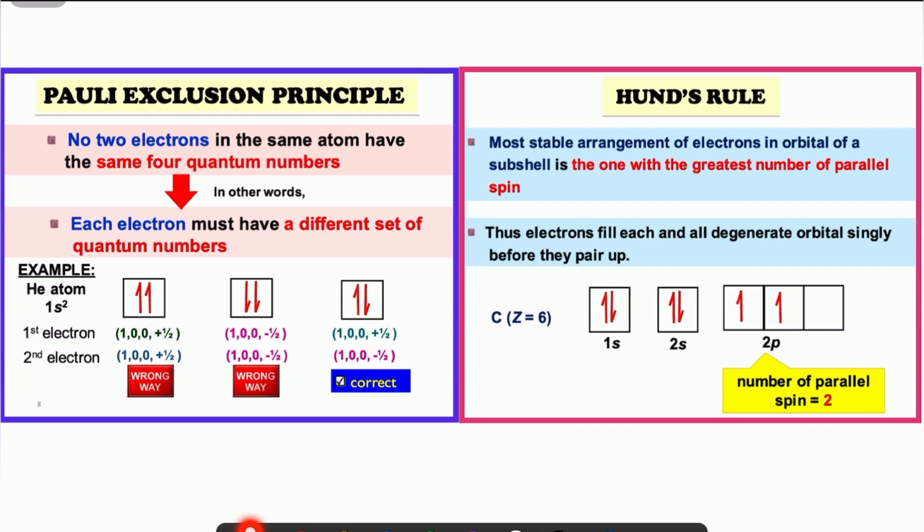So for the example, it gives carbon with proton number 6, and it shows that carbon has 6 electrons. When you write the electronic configuration in an orbital diagram, you can see that in orbital 1s there are 2 electrons, 2s also has 2 electrons.